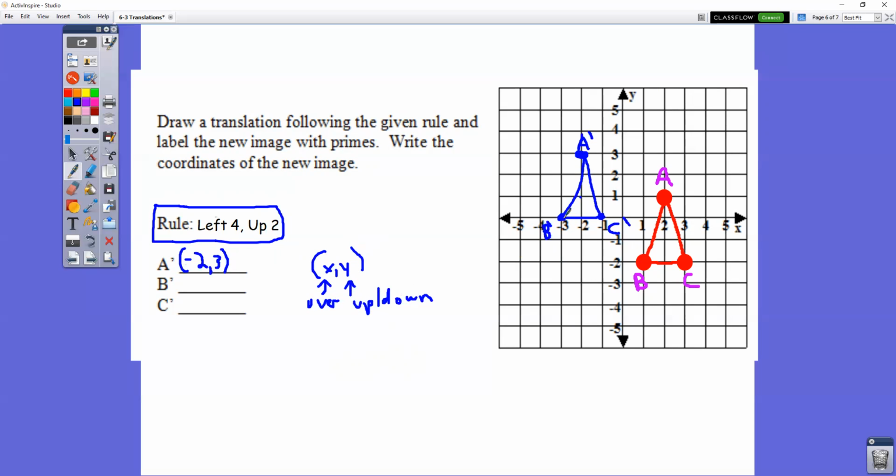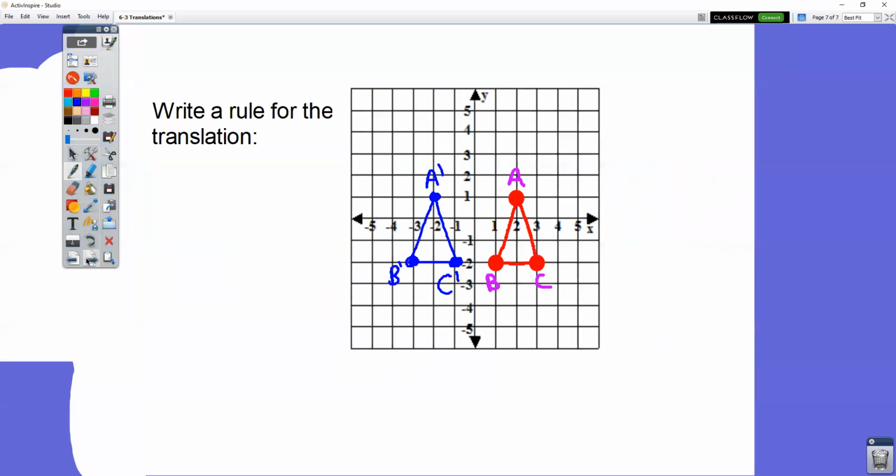I'm not going up or down any. So over to -3, up or down 0. C prime, over to -1, and I'm not going up or down any. So it's -1, 0. So you have to draw it, you need to label it with primes, and you need to write down your new coordinates.